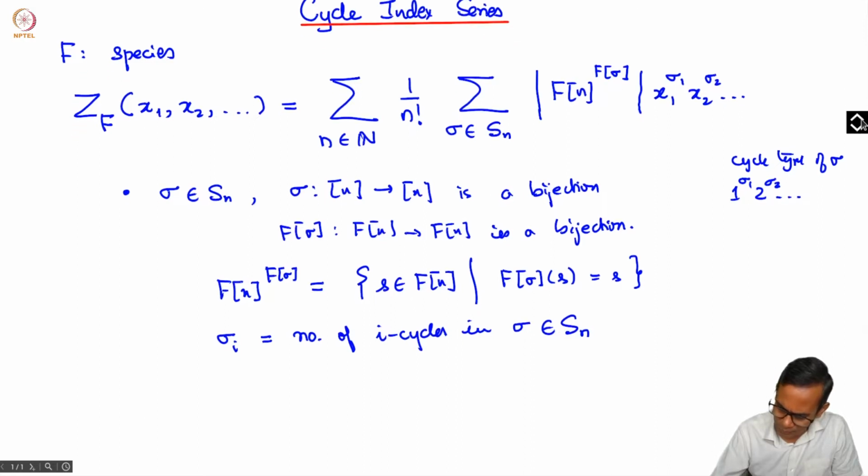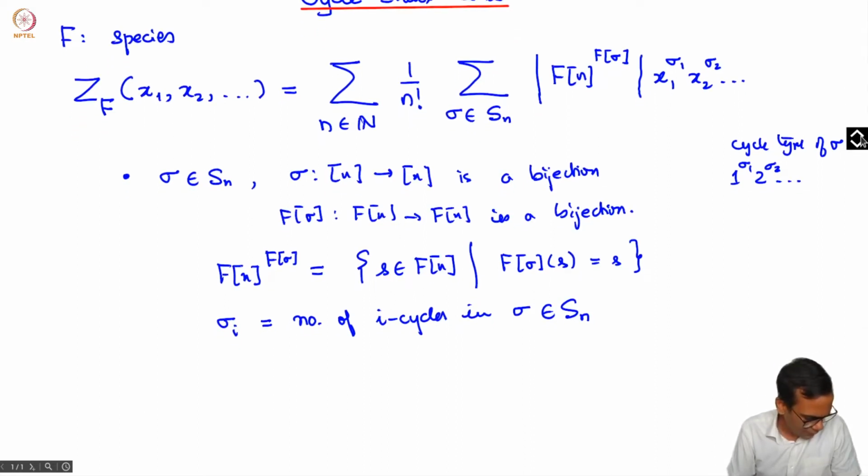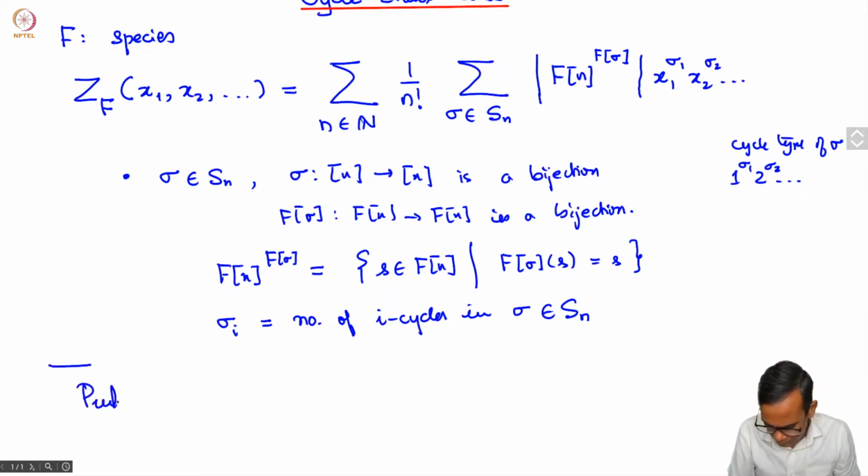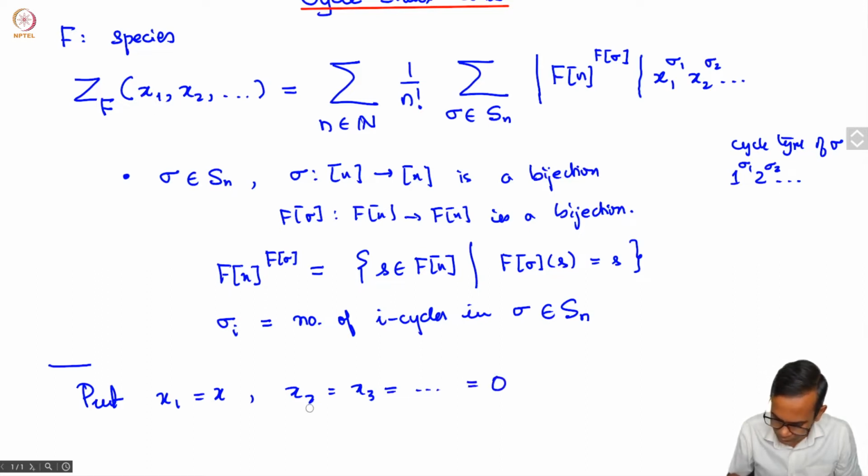Let's just, maybe to get more comfortable with these series, point out some specializations of this. So what if I take x1 equals x, x2 equals x3 equals 0. All the variables except x1 I put 0, and x1 I just rename to x.